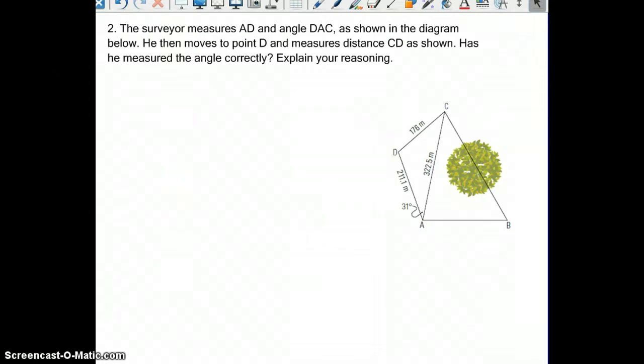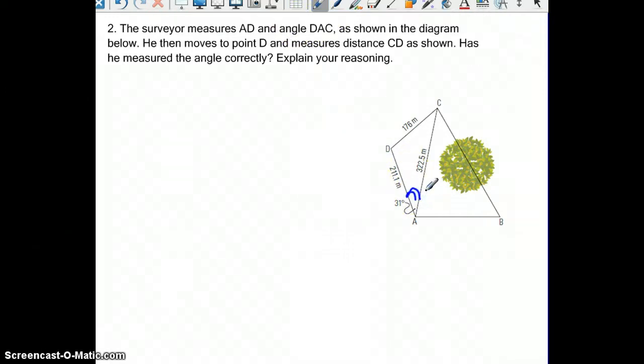So then we're going to move on to question 2. If the surveyor measures AD and angle DAC as shown in the diagram below, then he moves to point D and measures distance CD as shown. Has he measured the angle correctly? Explain your reasoning. So is this angle here, angle A, correct?